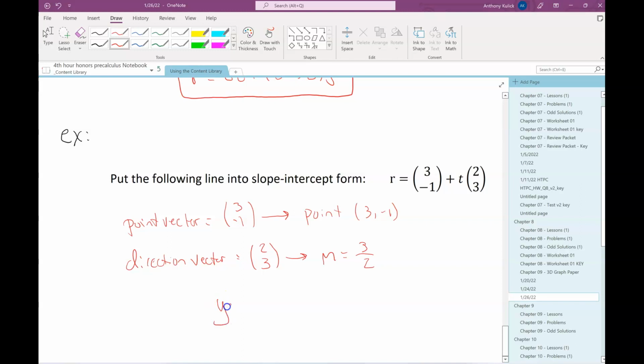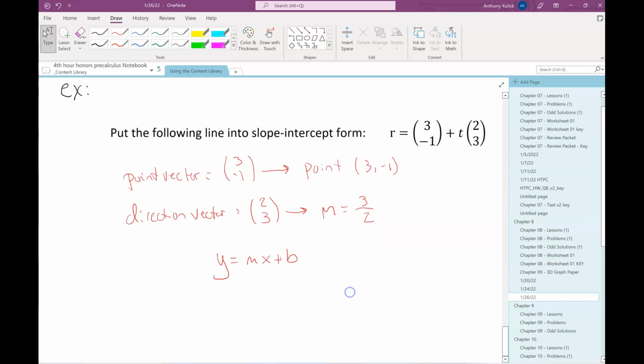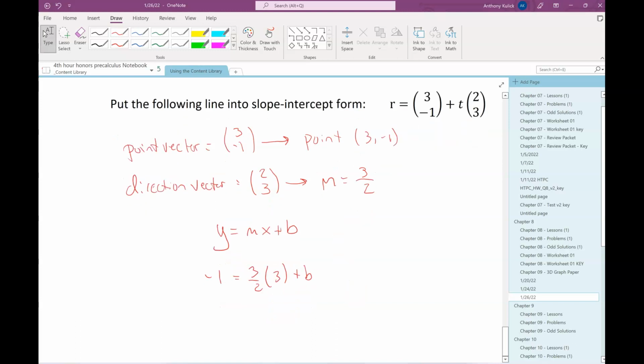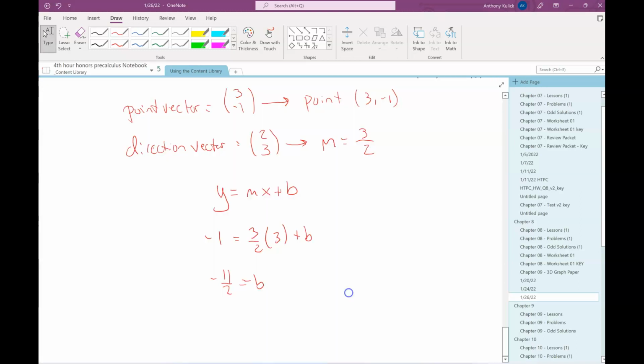And now it's like a pre-algebra problem. So we just plug in our point and our slope, and we solve for our y-intercept. So 3/2 times 3 is 9/2. When I subtract that from both sides, I get 11/2 for b. So y equals 3/2x minus 11/2.